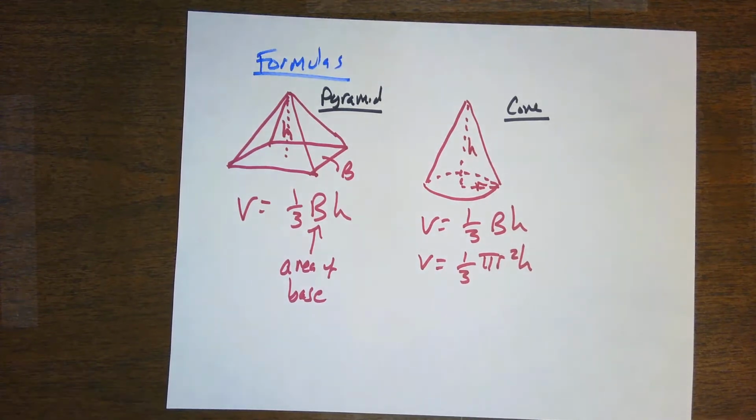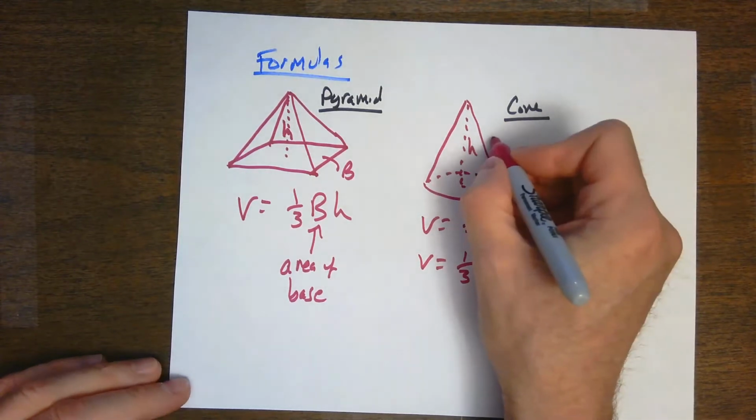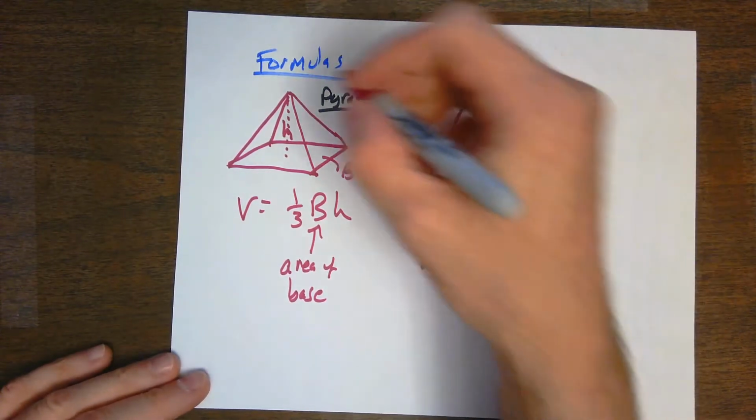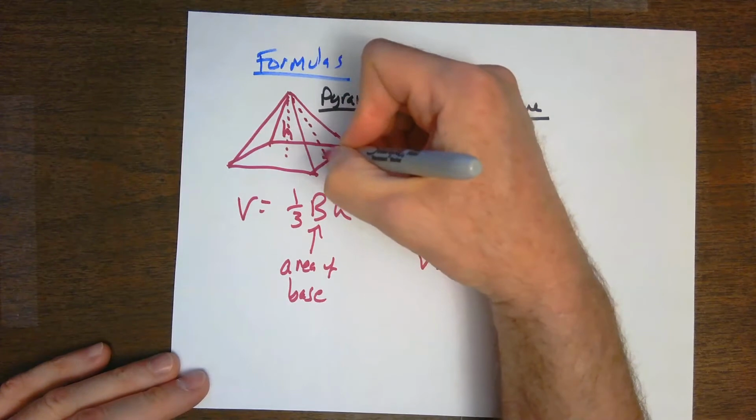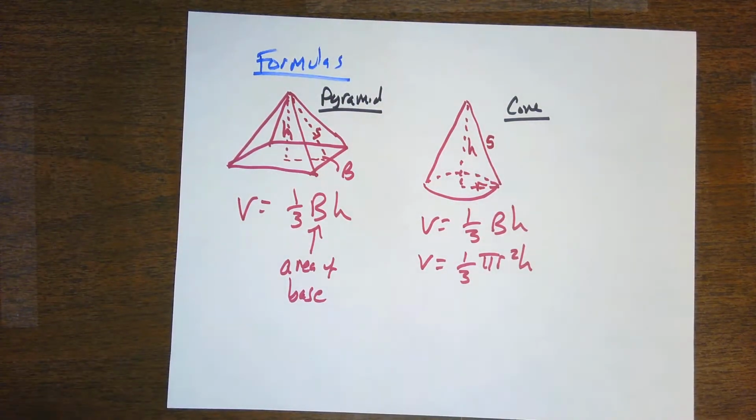Now notice on the cone, we also have this length here, the slant height. I'm going to put an S. We also have the slant height of a pyramid. And the slant heights come into account when we talk about the surface area. In fact, let's do that.